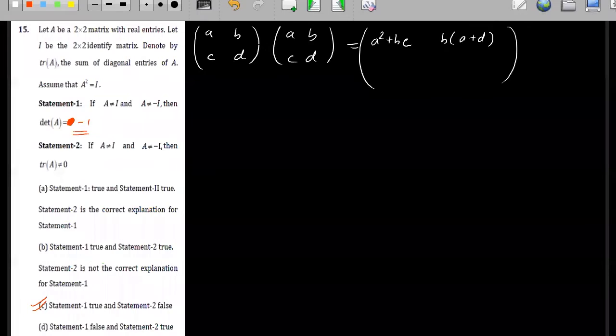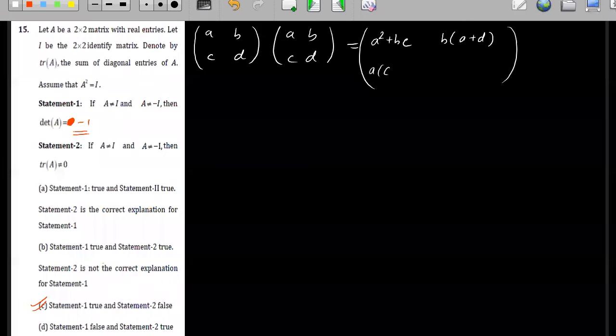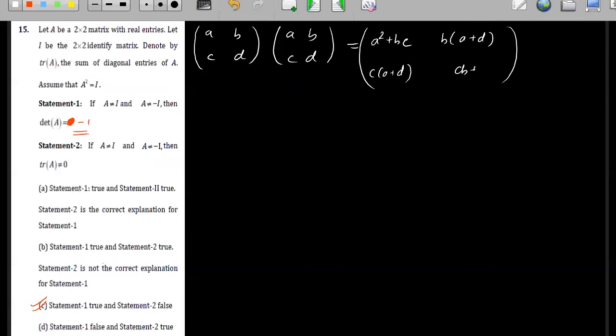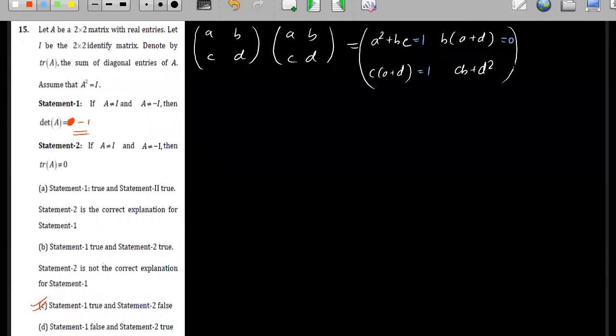Next is CA plus DC, so c into a plus d, and here you have CB plus d square. Now they have given this is equals to I, the identity. So that means this is equals to 1, this is equals to 0, this is equals to 0, and this is equals to 1.